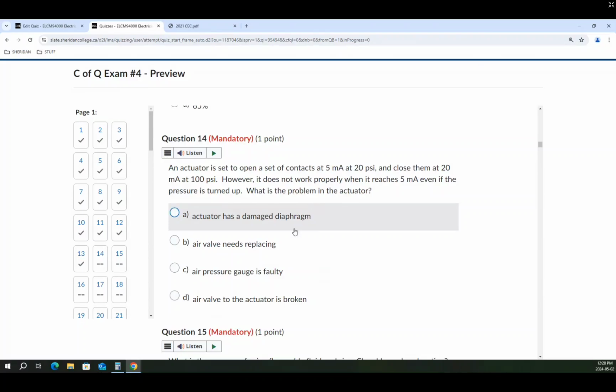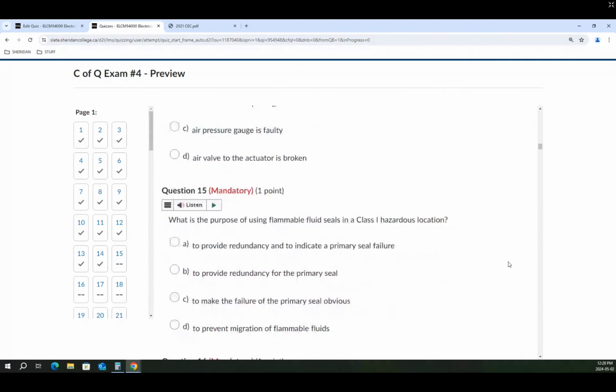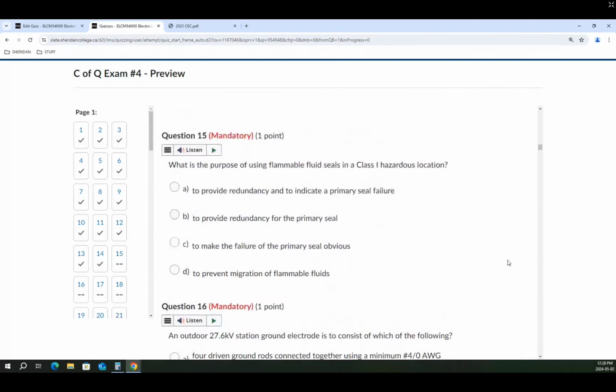So the actuator is going to have a damaged diaphragm. So that's at the lowest pressure. So that's why.